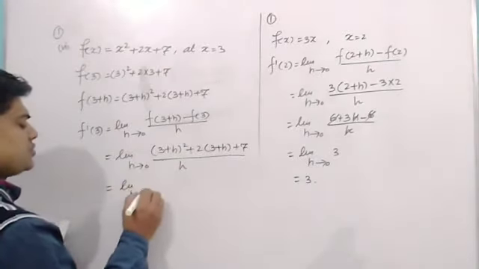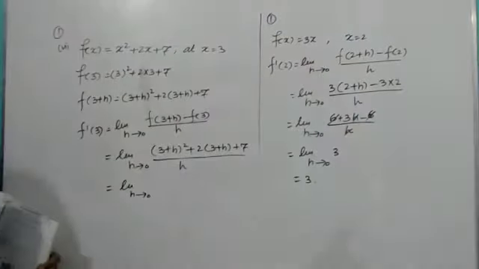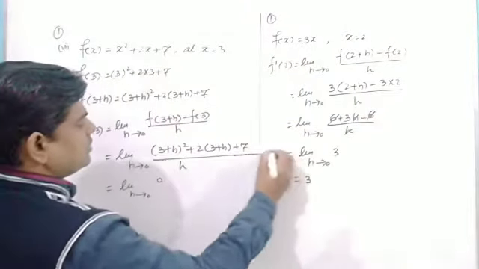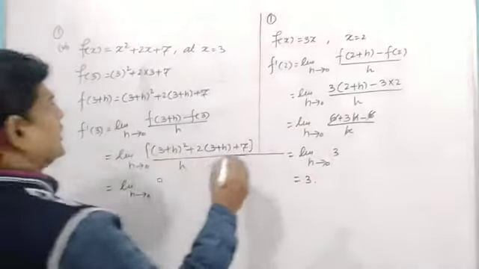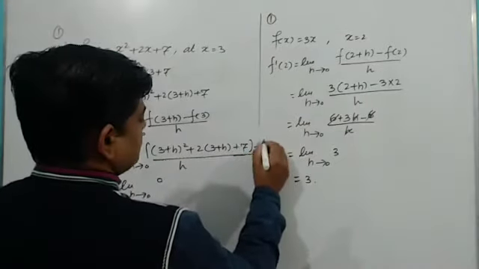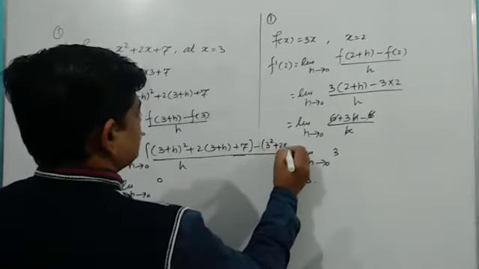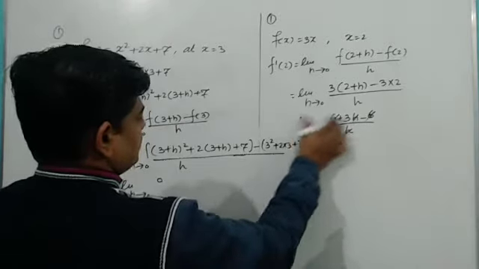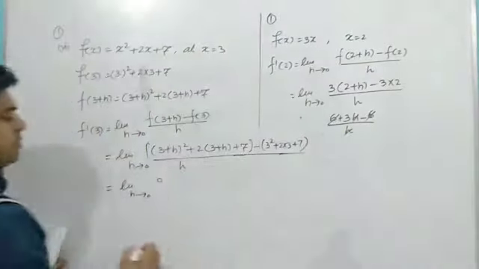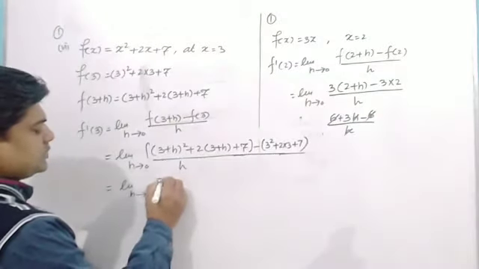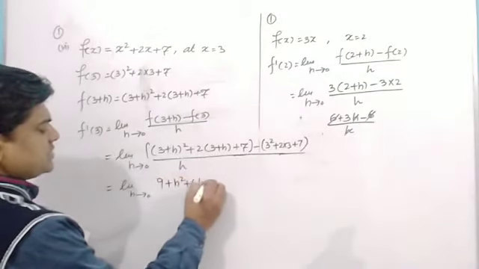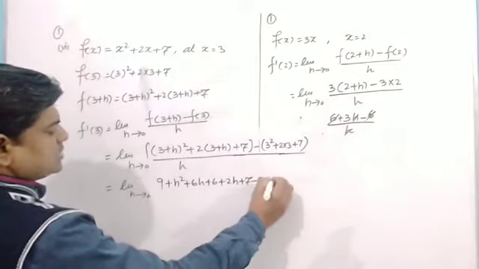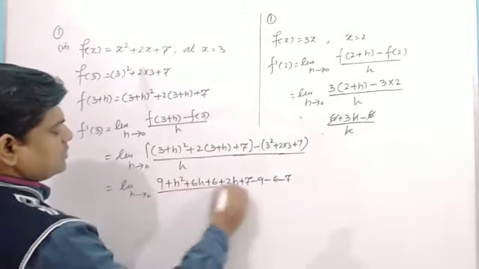So limit h tends to 0, minus [3² + 2·3 + 7]. When I simplify it, I'll get 9 + h² + 6h + 6 + 2h + 7 minus 9 minus 6 minus 7, whole upon h.